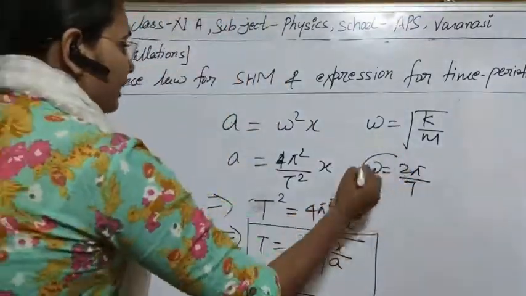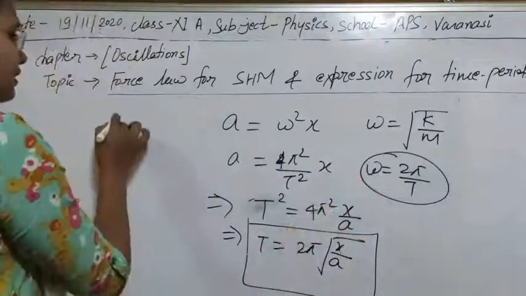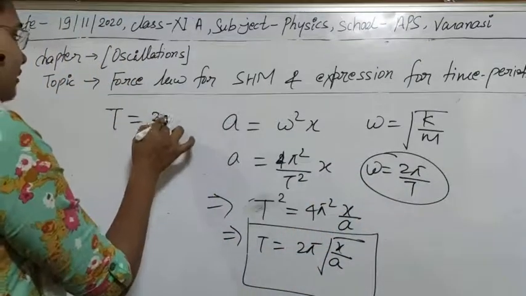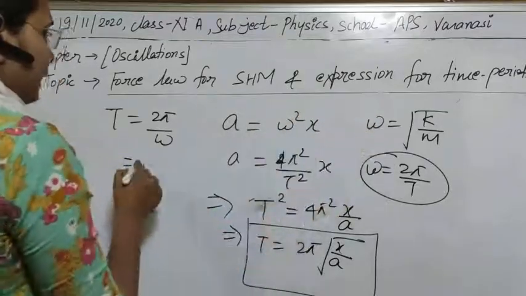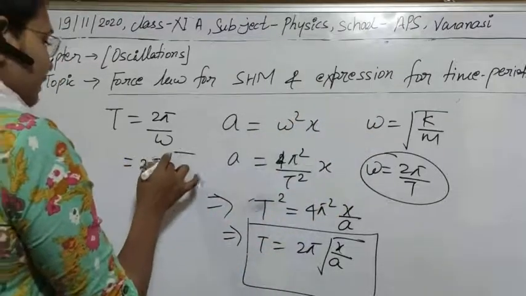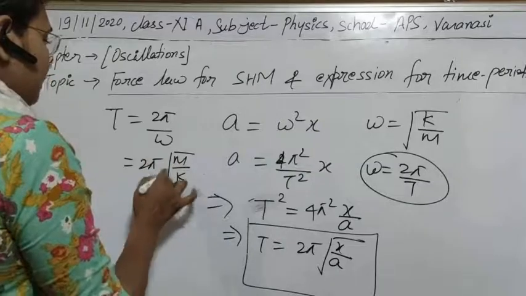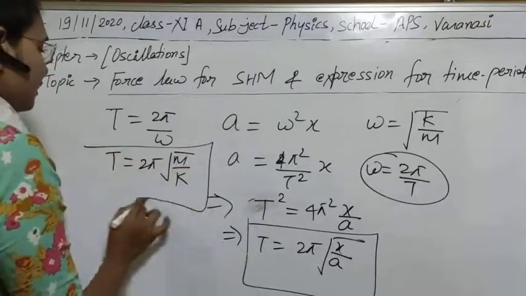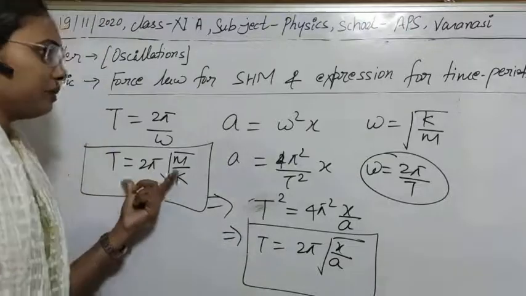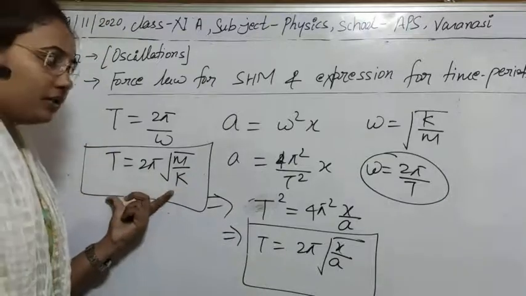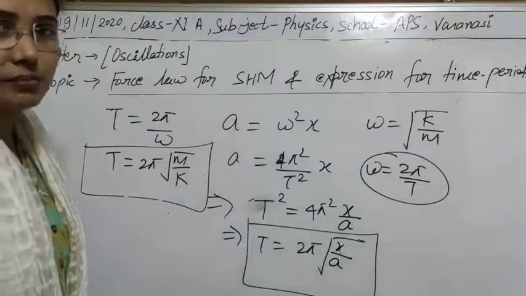So what will be the time period? That will be 2 pi by omega. Put the value of omega here. What will we get? That is 2 pi root m by k. This is the time period for this body that is executing simple harmonic oscillation. We can calculate it easily with the help of this expression.